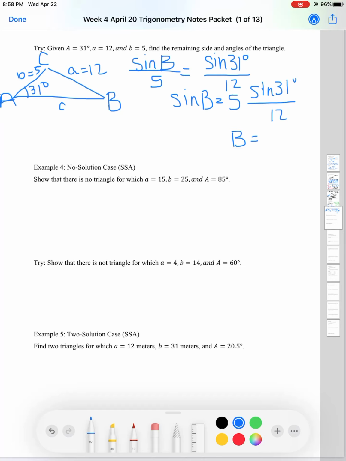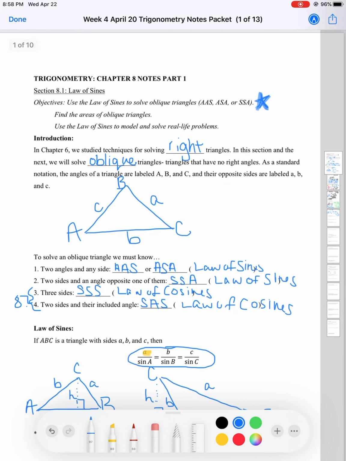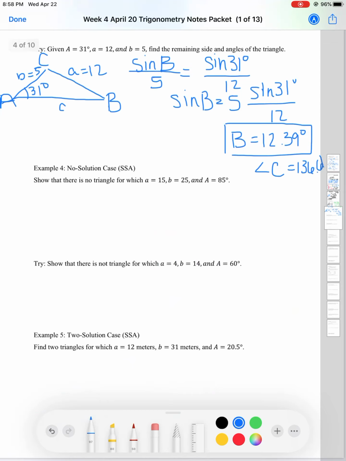So B is equal to 12.39 degrees. Now to get angle C, we would just subtract that one plus 31 degrees from 180. So we get 136.61 degrees.